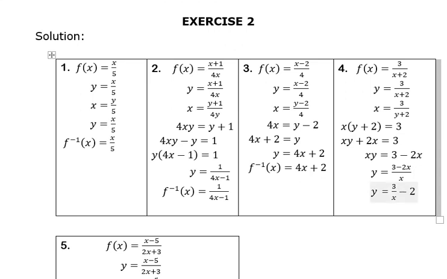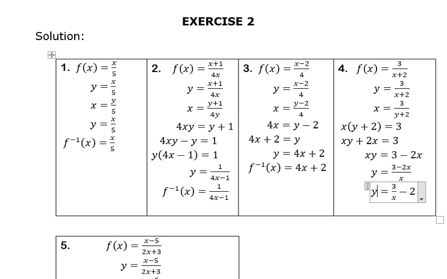And this is a rewriting. I missed some. This must be f inverse of x equals 3 over x, then minus 2. Why is it 2? Because 2x divided by x will cancel out.